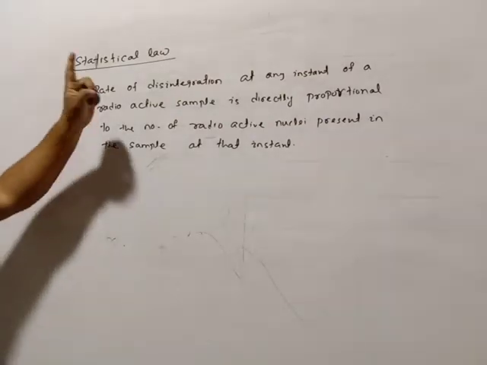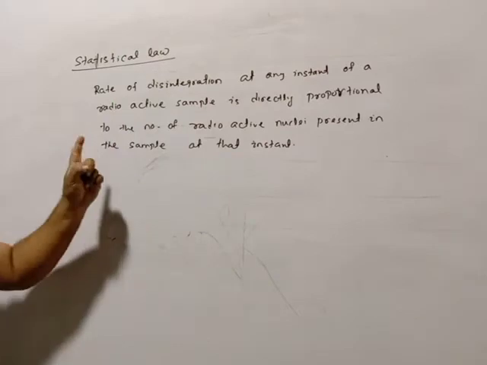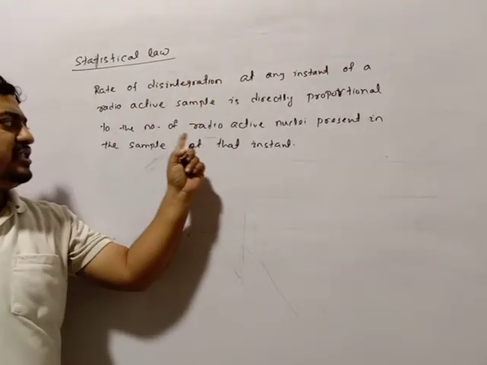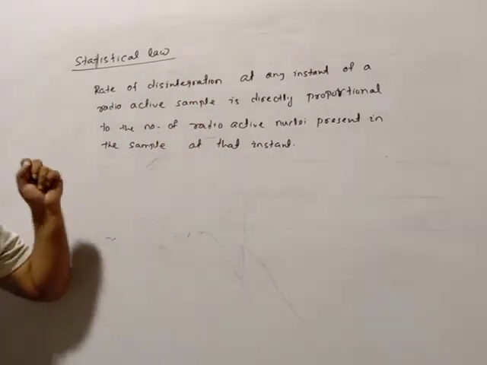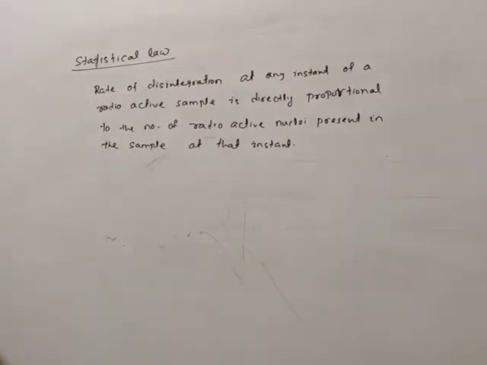So the rate of disintegration of a radioactive sample at any instant is directly proportional to the number of radioactive nuclei present in the sample at that instant.